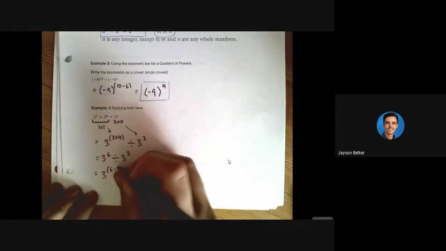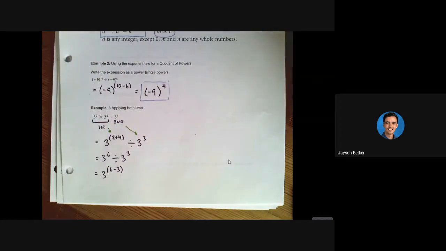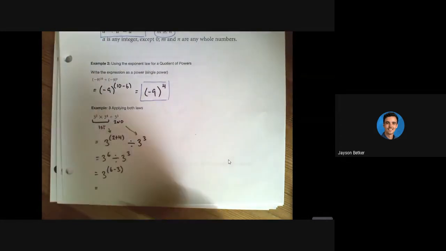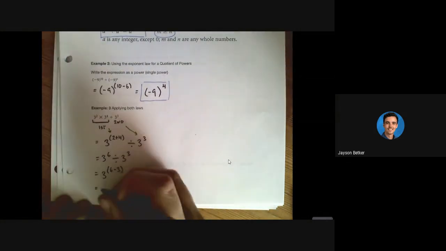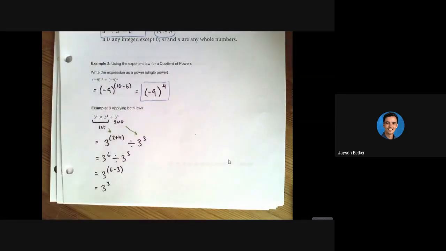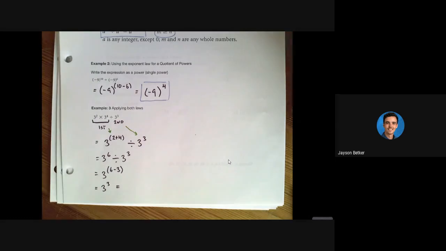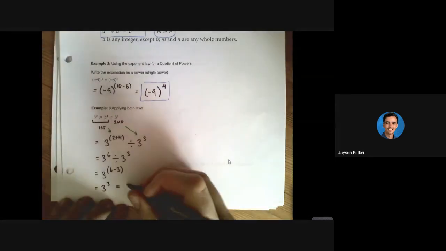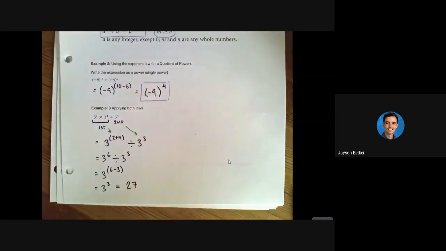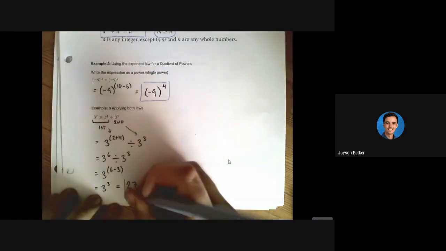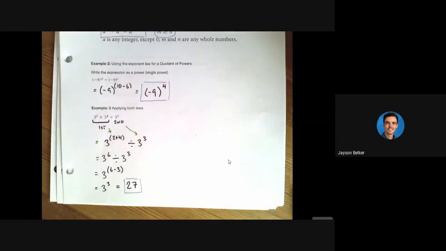So 3 to the 6 minus 3 gives us a final answer of 3 to the 3. And why not? Let's calculate that. Don't put it in your calculators. Use your heads. 3 times 3 times 3. 3 times 3 is 9, times 3 is 27. So there's your final answer right there. 27.